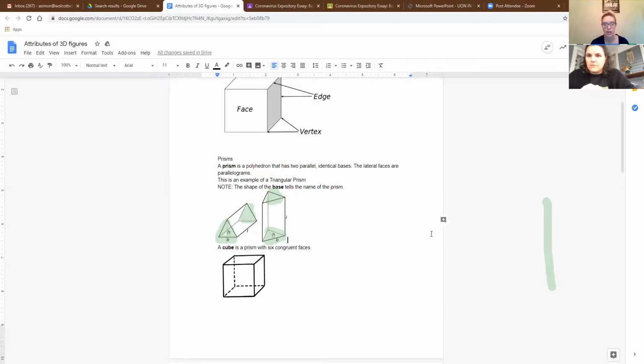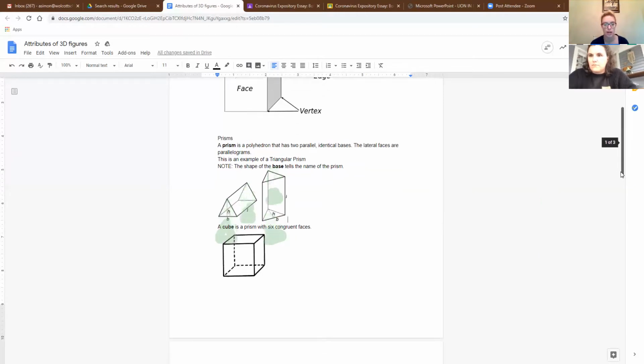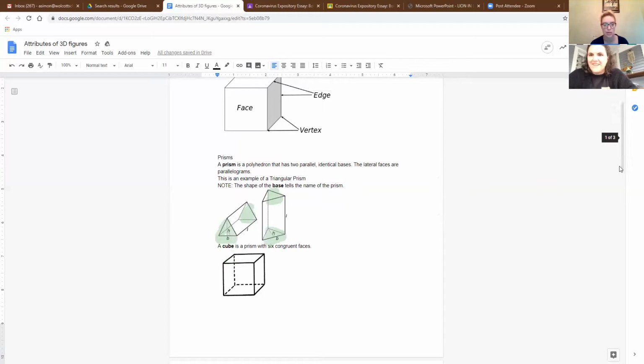Our next shape that we're going to talk about is a cube. A cube is a prism with 6 congruent faces. We dealt with cubes when we were talking about volume. Many things like different boxes might be cubes.